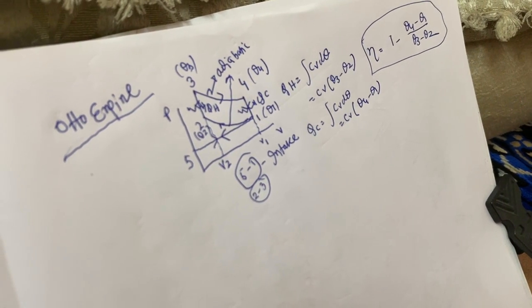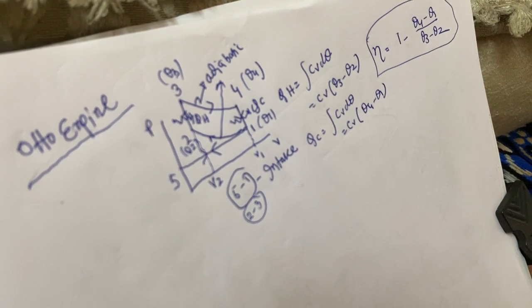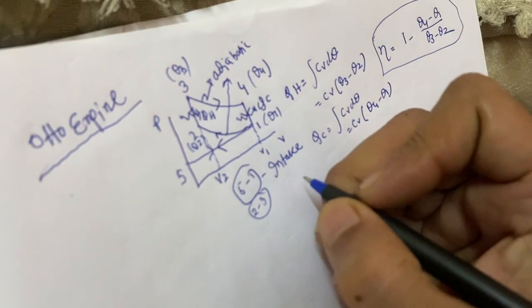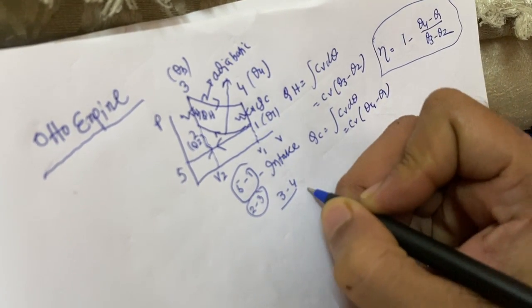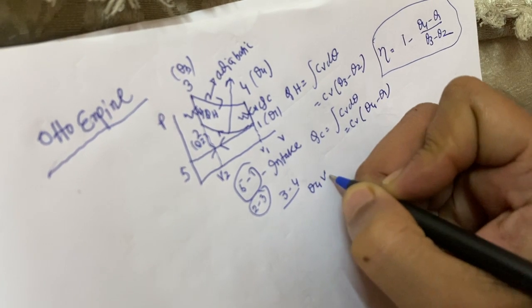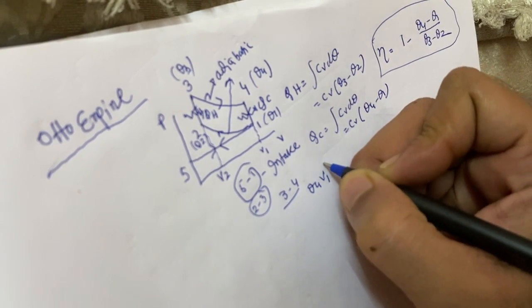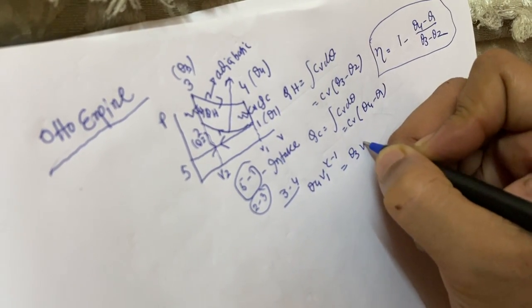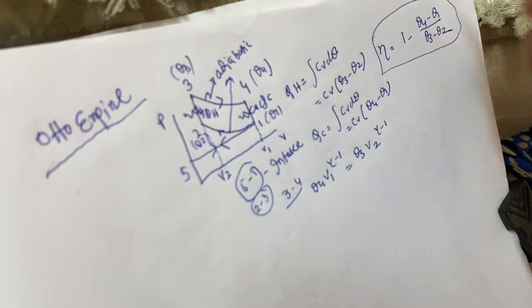So, we are simplifying the equation in terms of volume. For the 3 to 4 adiabatic process, we can write theta 4 V1 to the power gamma minus 1 is equal to theta 3 V2 to the power gamma minus 1. This is the 3 to 4 process.